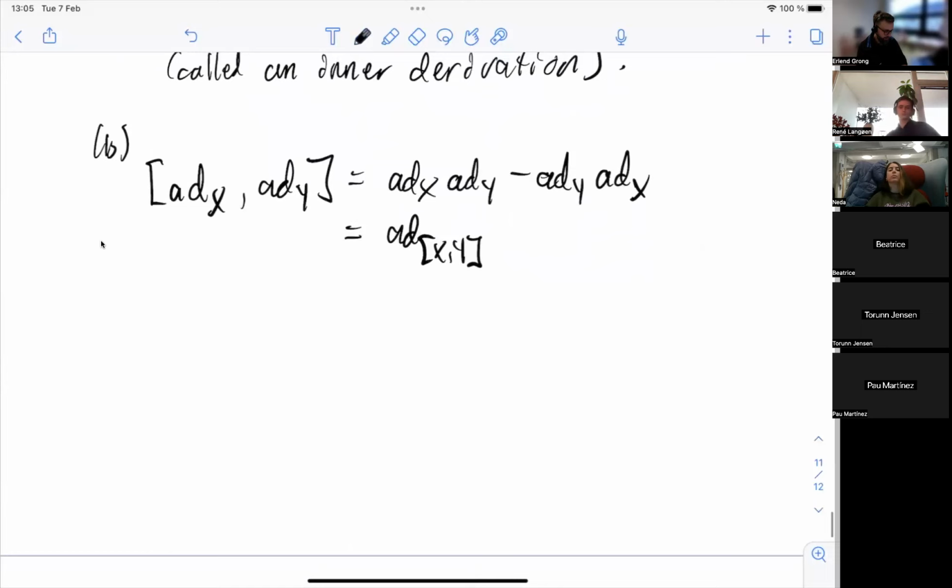And if you take the commutator bracket of them, you get the same result.